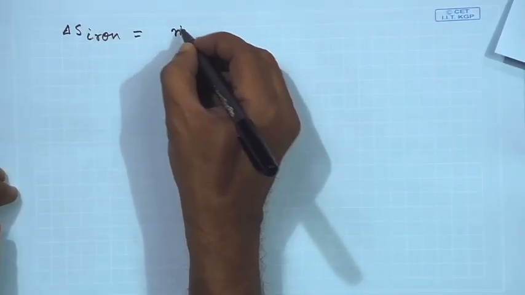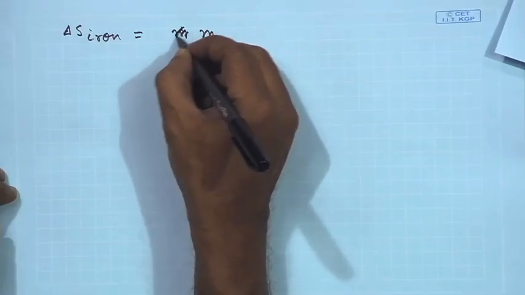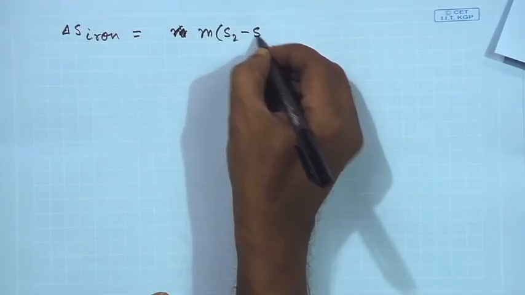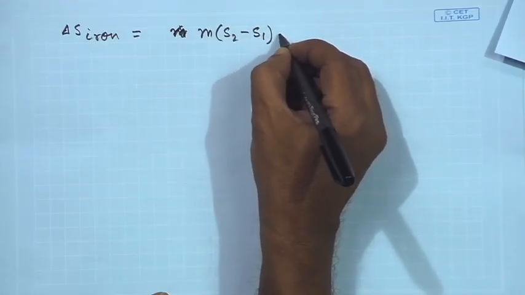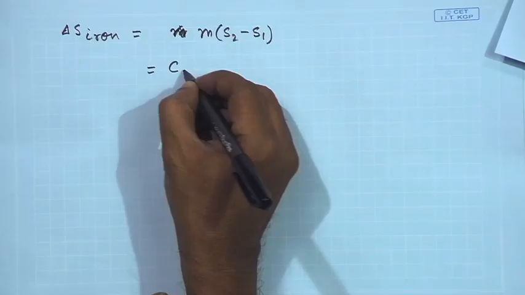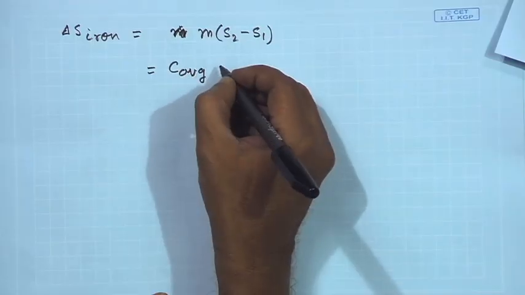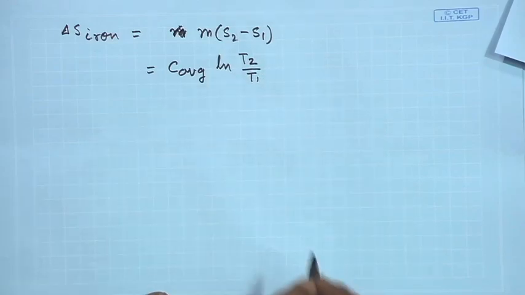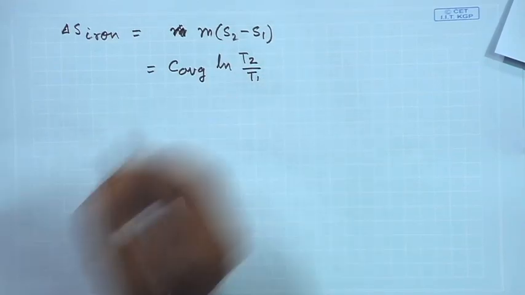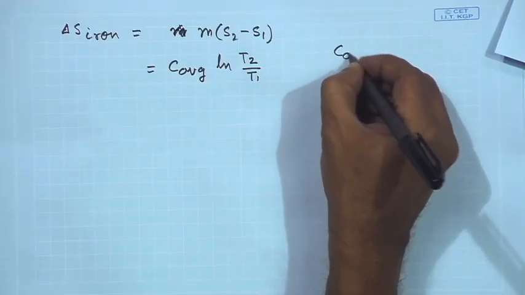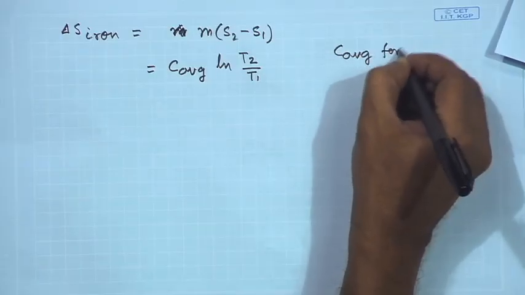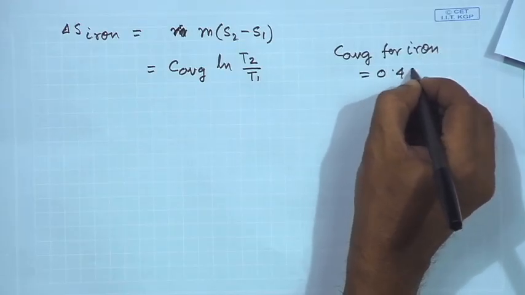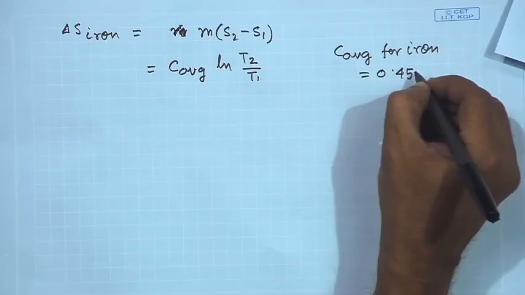It will be m into, m is the mass, m into S2 minus S1, that is C average ln T2 by T1, and C average for iron is 0.45 kilojoule per kg Kelvin.